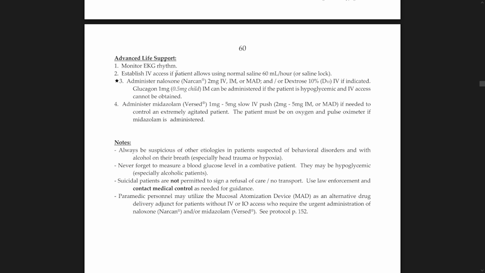You can also administer glucagon 1 milligram or 0.5 milligrams intramuscularly if the patient is hypoglycemic and IV access cannot be obtained. You can administer midazolam or Versed 1 to 5 milligrams with a slow IV push, or 2 to 5 milligrams intramuscularly or with a MAD device if needed to control an extremely agitated patient.